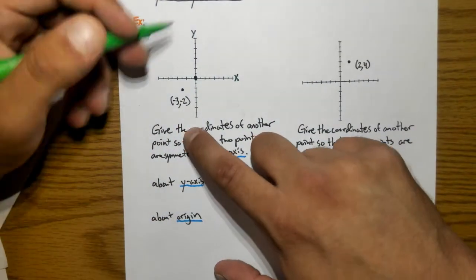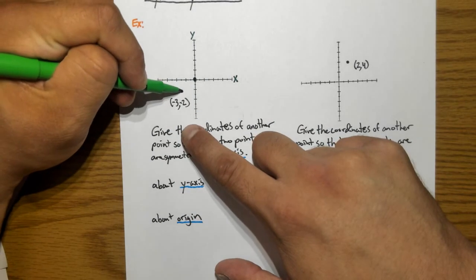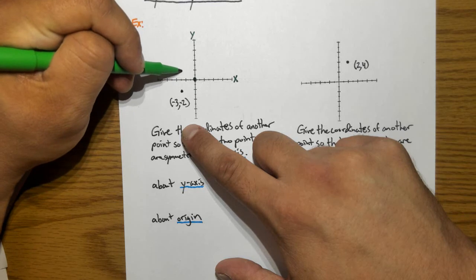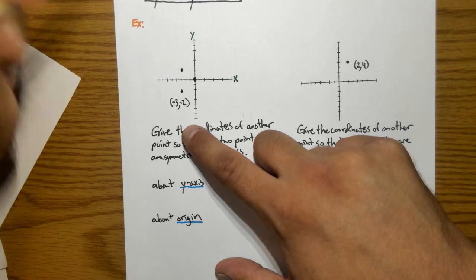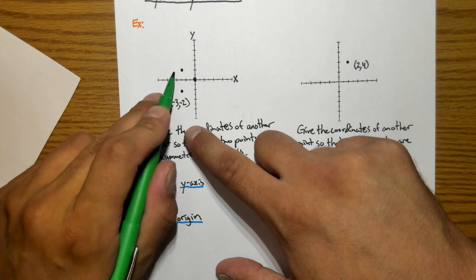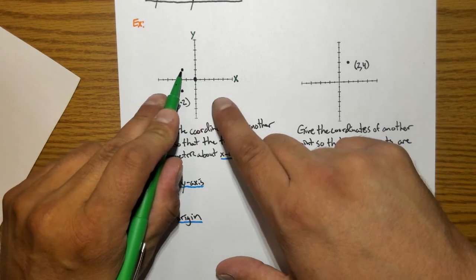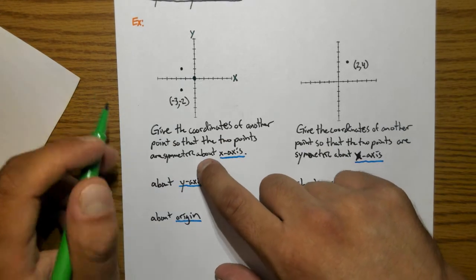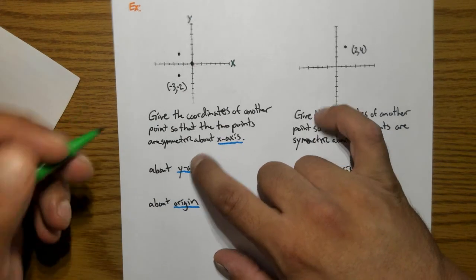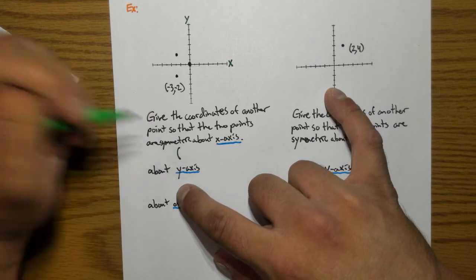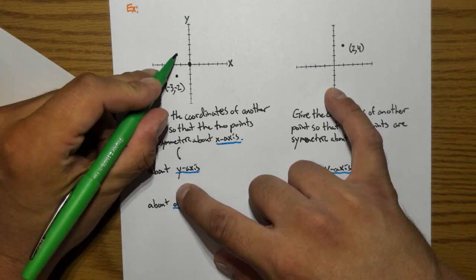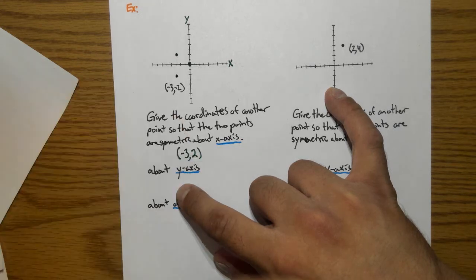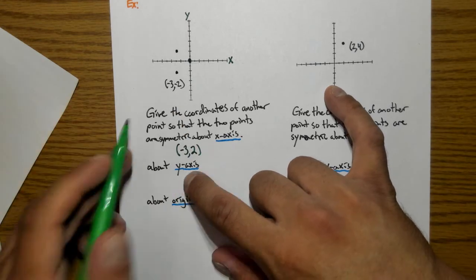So if this is -3, -2, it looks like I would have to go to -3, +2 in order to get a point that is symmetric about the x-axis, right? So my answer here is going to be my new point, negative 3, positive 2.